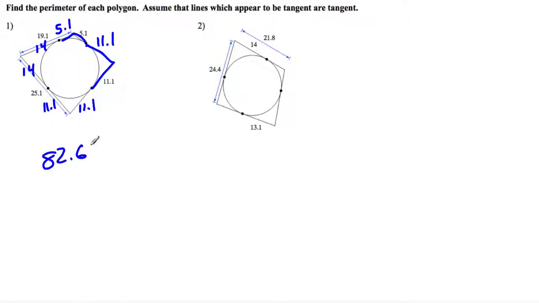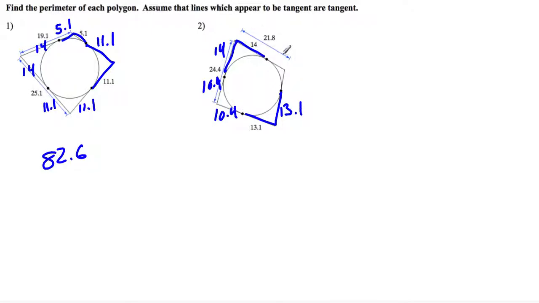And that's the perimeter. Again, over here, we know that this distance is 13.1, so this distance must also be 13.1. Here, this is 14, so this must also be 14. And if this whole segment is 24.4, then if we subtract 14, we get this segment is 10.4, making this 10.4 as well.